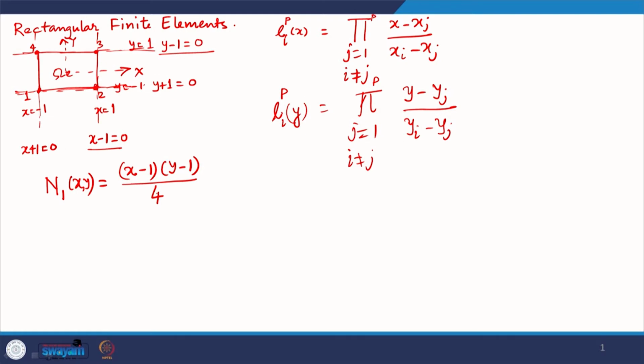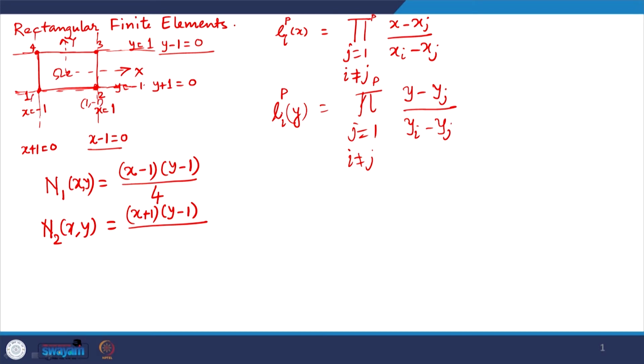So, this becomes the interpolation function for node 1. Similarly, the interpolation function for node 2 as a function of x and y is simply the product of the equation of line 1 4 and the equation of line 3 4, normalized to have unit value at node 2. And what are those equations? x plus 1 and y minus 1 divided by, I evaluate it at node 2. Node 2 coordinates are 1 and minus 1.